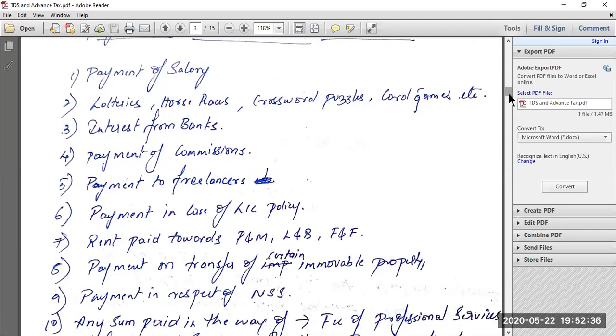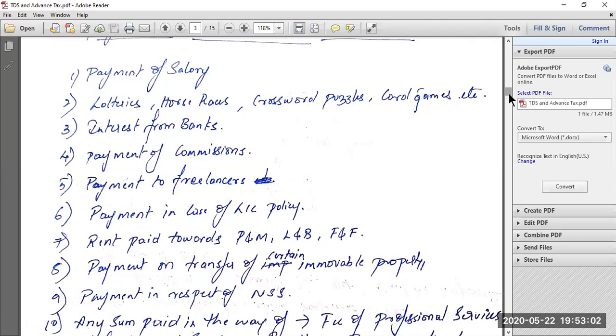Then again, in case of an LIC policy, suppose you have invested money in an LIC policy, let us assume it is an endowment policy and you are receiving a certain income after certain years. So whenever you are receiving income from an LIC policy after the maturity period, then on that matured amount or sum assured also, a certain percentage of TDS would be deducted. Then again, on rent paid towards plant and machinery, land and building, furniture and fixtures also, TDS will be deducted.